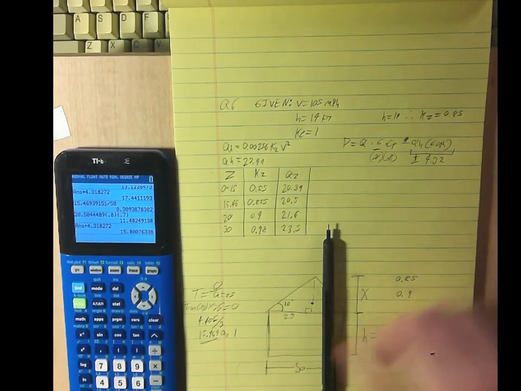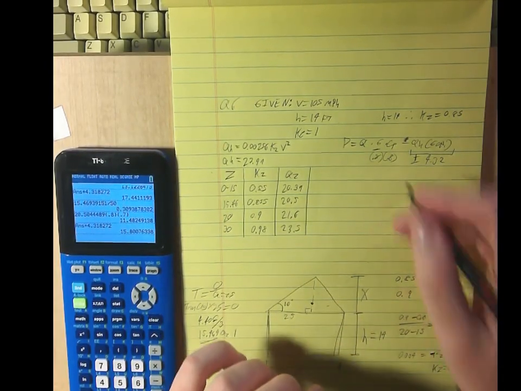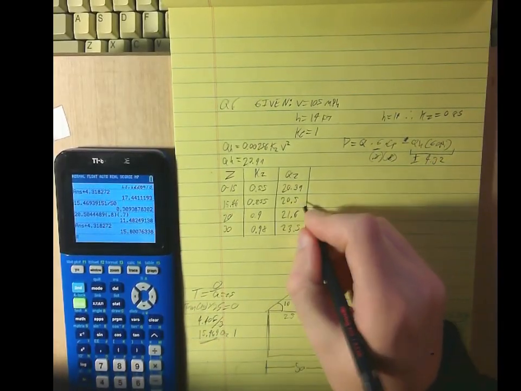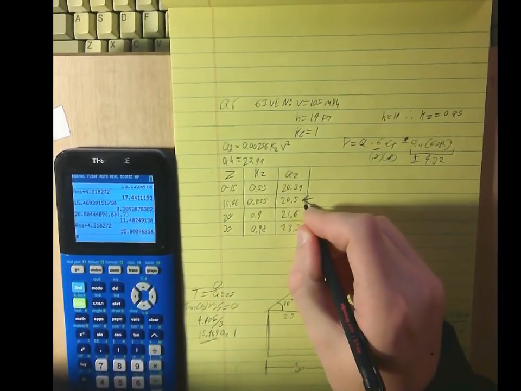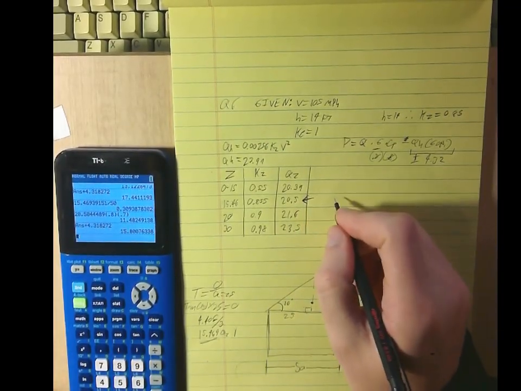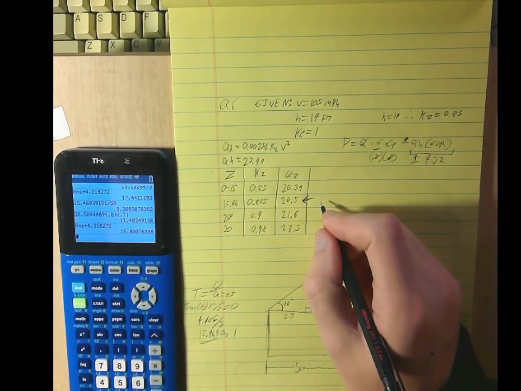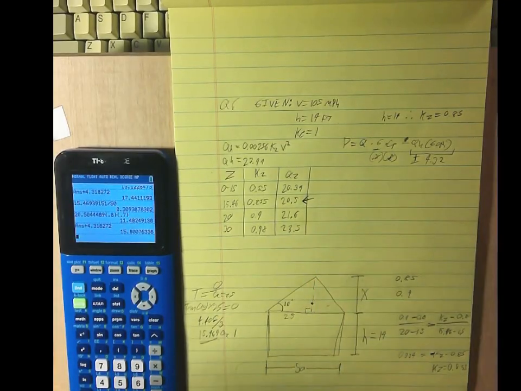Okay. So for this one right here, I think this is the only value we need to worry about. So for the windward wall, I got a pretty close answer. Should be negative 15.7.